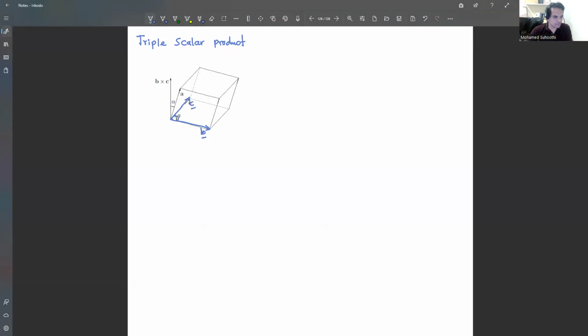The angle between these two vectors is theta. Then this is actually the parallelepiped, a three-dimensional parallelogram. Now the cross product between B and C, B cross C, will give you the area of this one.